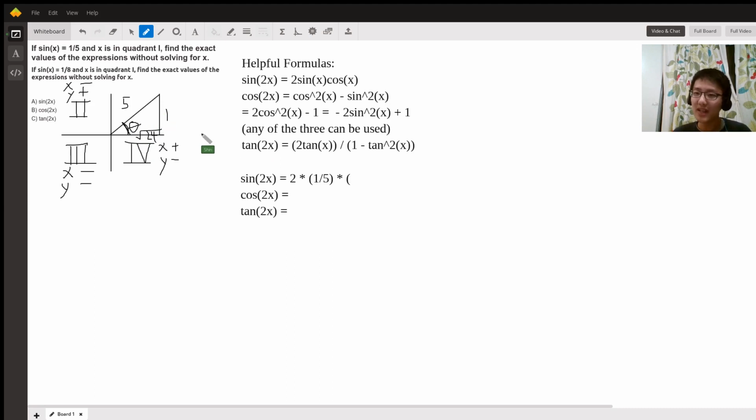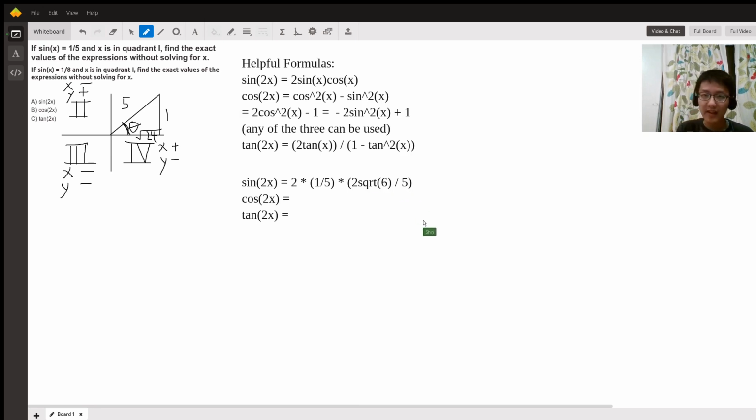Now, cosine x is defined as the adjacent over the hypotenuse. So cosine x will yield rad 24 over 5. If I rewrite that in here, you could even simplify this so that it equals 2 square root of 6 over 5.